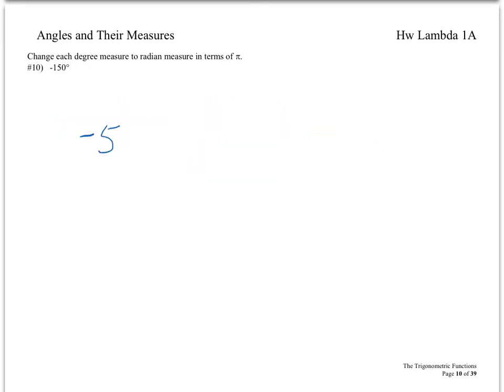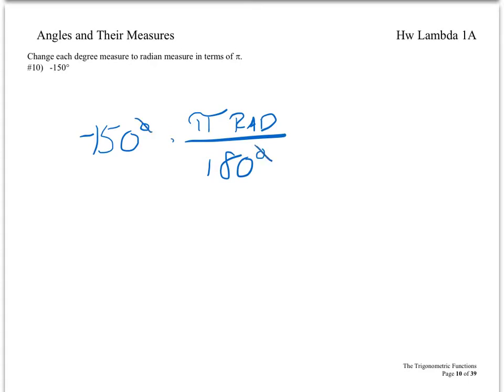Number 10 is supposed to change negative 150 degrees to radians. So we're going to multiply it by pi radians over 180 degrees. You can divide both negative 150 degrees and 180 degrees by degrees. You can divide them both by 10.